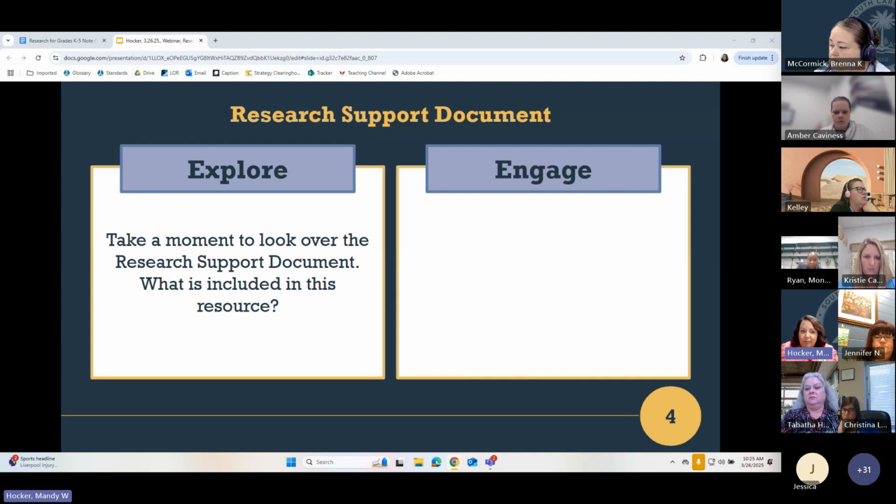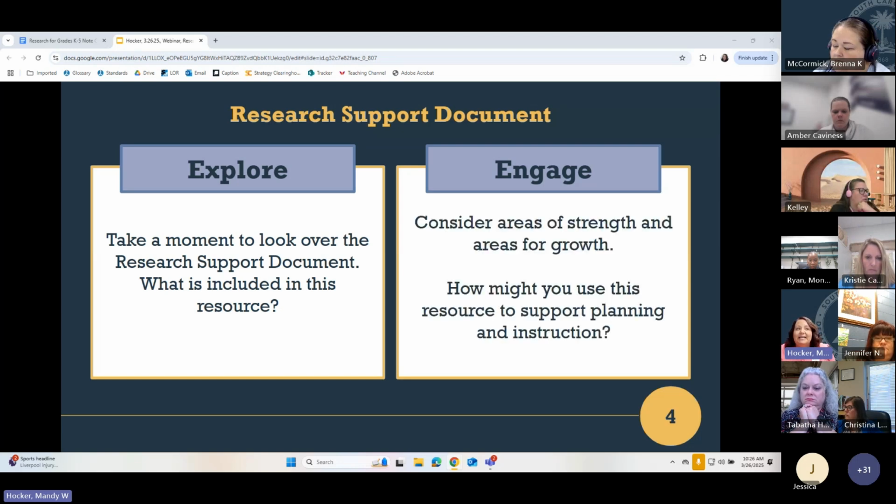So take a moment, and I want you just to open up the document and look over it. You may have already explored this document. You may already know what's in it, but look and see what is included in this resource that might be applicable to you. And then we'd like for you to engage. Consider areas of strength or areas of growth in relation to this document.